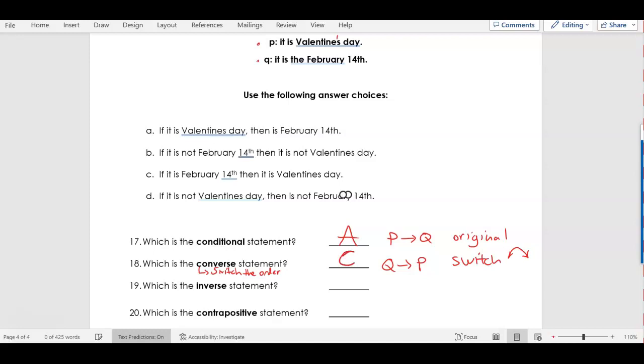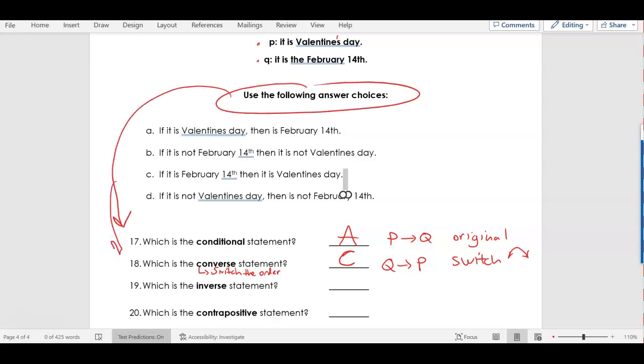Again, I'm not circling anything up here because I'm using the following answer choices for all four of these. Okay. Now, inverse is when you have the original statement and all you do is make them opposites. And there's no switch. There's no flipping the order, okay? So let's go to the original order. The original order is Valentine's Day first, February 14th is the conclusion. So I'm going to keep that order, but I'm just going to make it opposite. So instead of it is Valentine's Day, it's going to be it is not Valentine's Day.